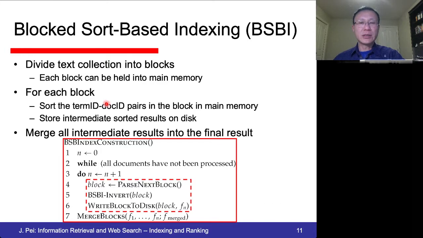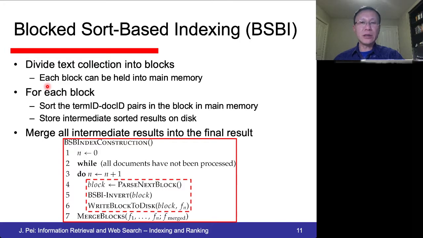How to build such an inverted index? There are several ways to build such an inverted index. One way is to use the so-called block sort-based indexing. The idea is that the whole set of documents may not fit into main memory.